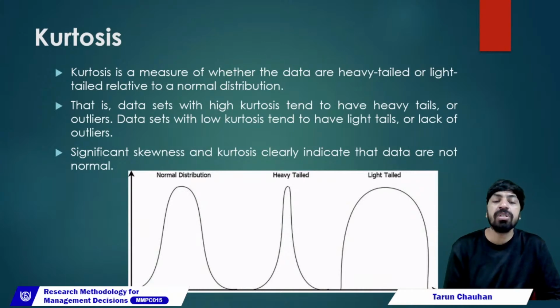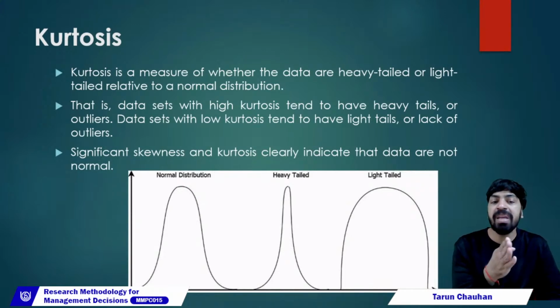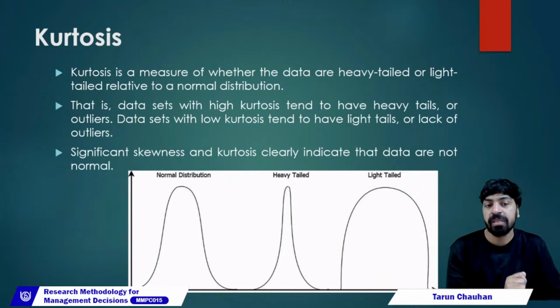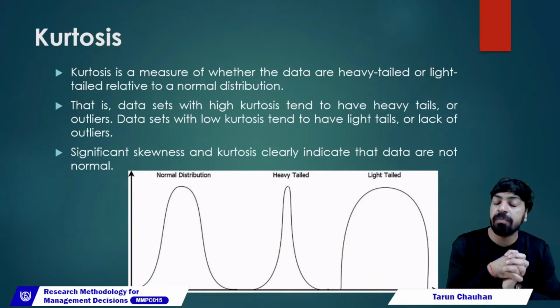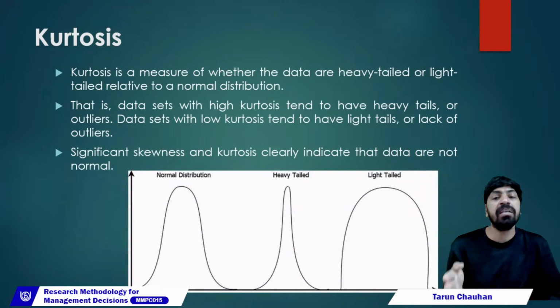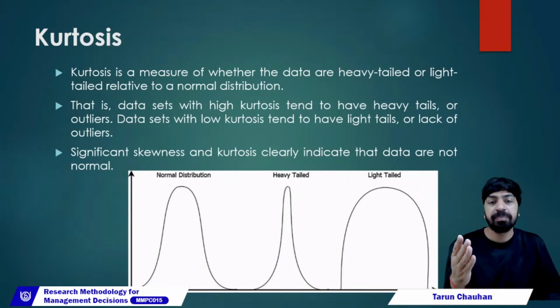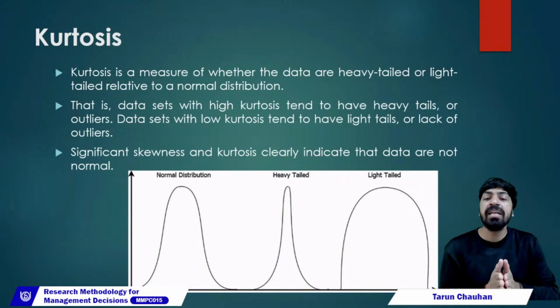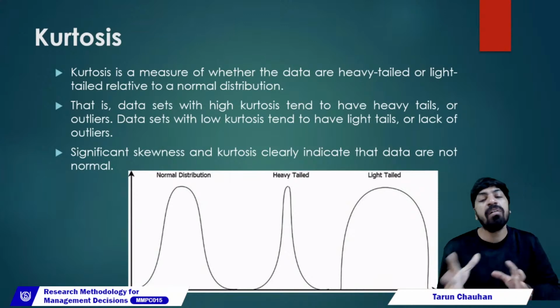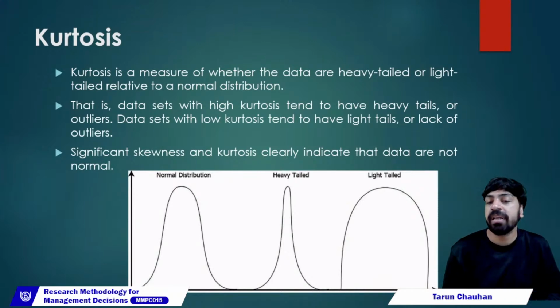The normal distribution curve is a symmetric distribution where the center, the highest peak point, is the median. So the highest peak point of a normal distribution is the median, and the median, mean, and mode are all equal. When we talk about heavy tailed, it tells us whether the data is accurate or lacks accuracy.